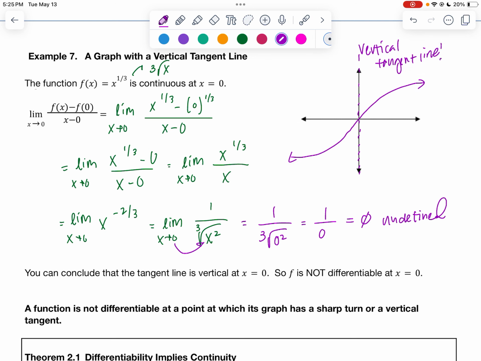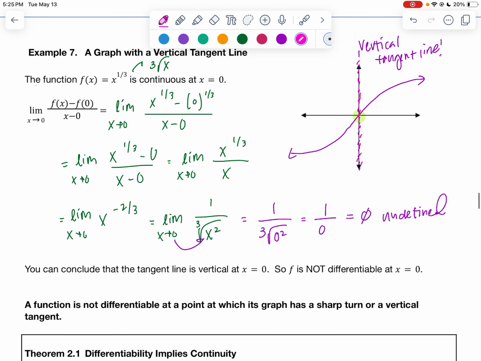So there's that graph, and we see that yes, as x is approaching 0, there's this vertical tangent line. There is this no solution, undefined value at x is equal to 0. Okay, so here is this little sharp turn, and therefore you can conclude that the tangent line is vertical at x is equal to 0. So therefore, f is not differentiable at x is equal to 0.